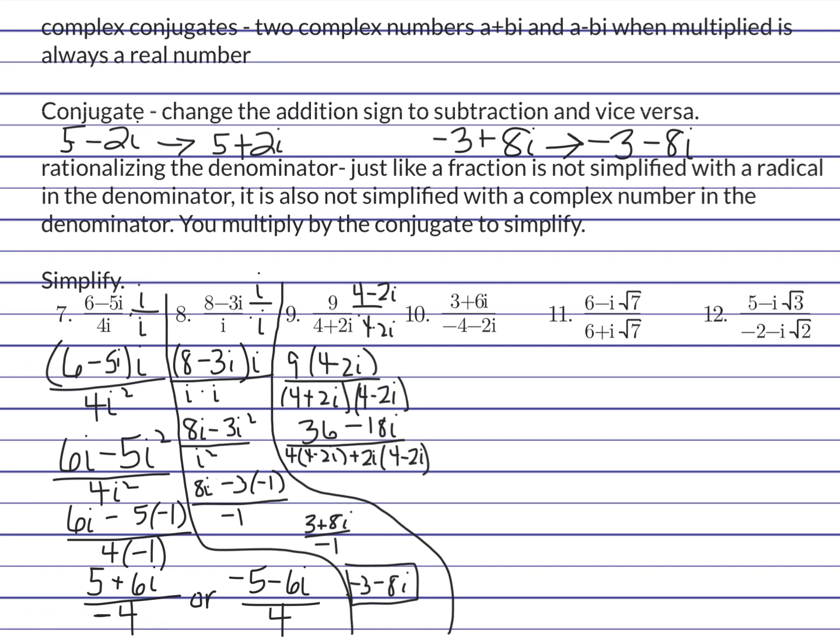So I'm going to multiply 4 times 4 minus 2i. That's this and this. And then I'm going to multiply, that looks very similar, positive 2i times 4 minus 2i. Now I'm going to distribute. I don't have anything to simplify in the numerator. I'm going to distribute in the denominator.